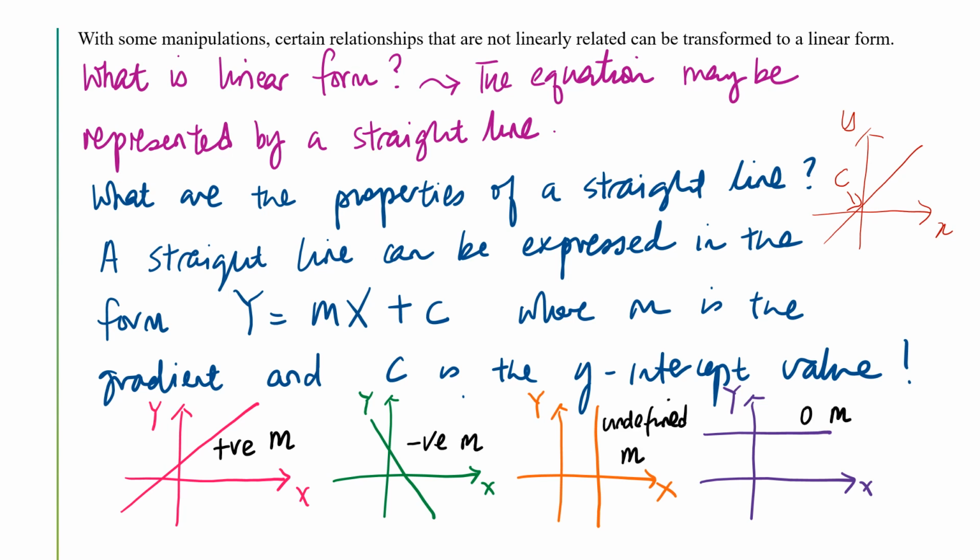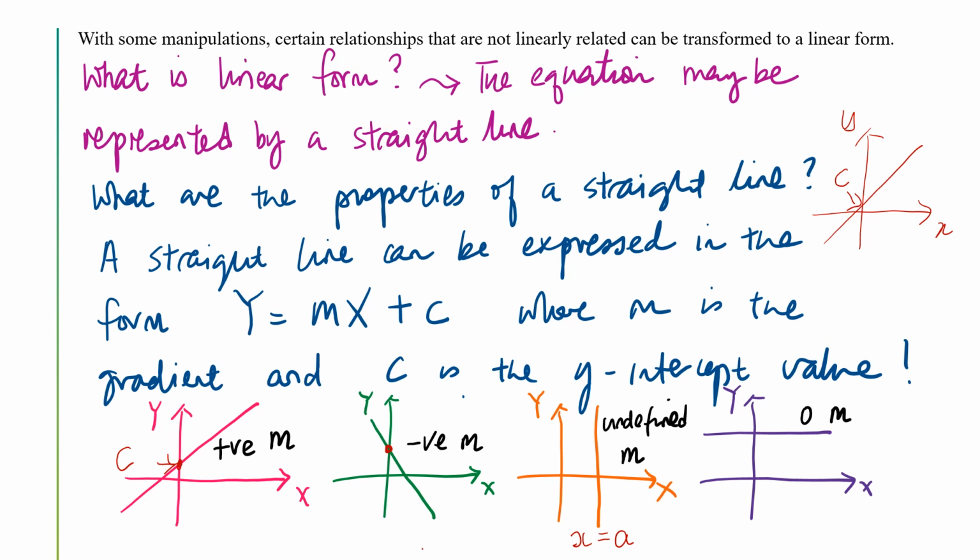All right, so where is your y-intercept value then? For the first graph, the y-intercept value is this value here. Your c is the value there. The second one is here. For the third one, you don't have any y-intercept value. For such a straight line, you usually describe the line as x = a, where a is the x-intercept value.